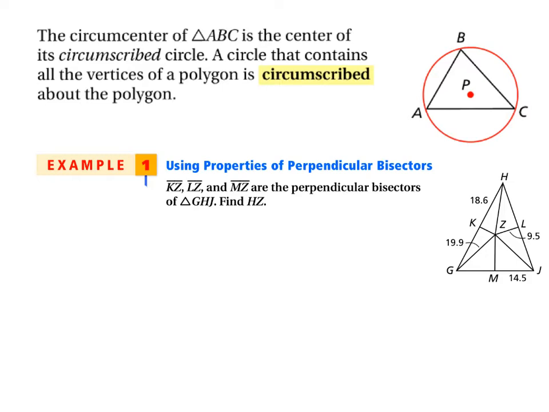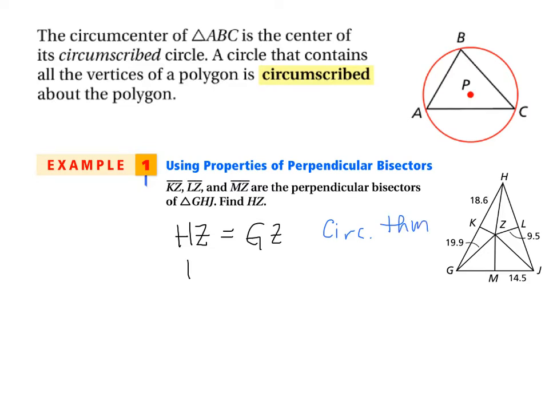That's why, because of the circumcenter theorem. So this is what you'd write down. HZ is equal to GZ. Now, if you wanted to find ZM as well, you could put equals ZM, but we don't need to find that. What's the reason behind this? This is the circumcenter theorem. We know they're all equal.